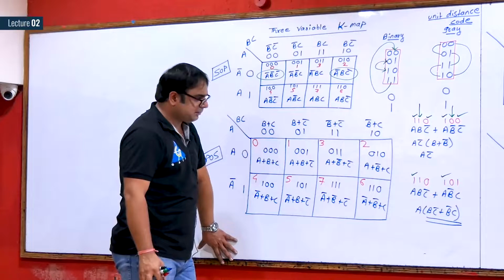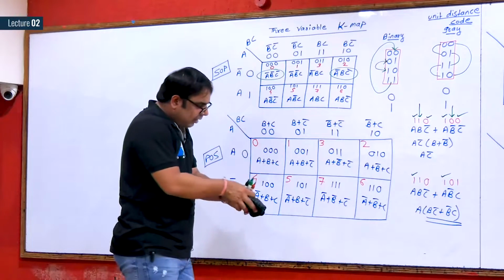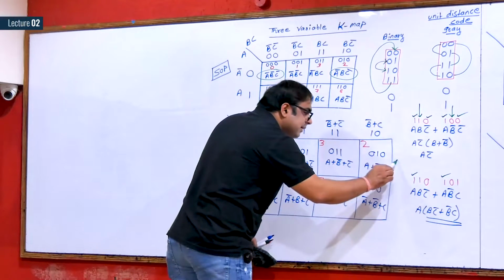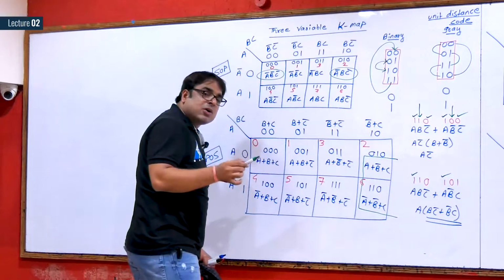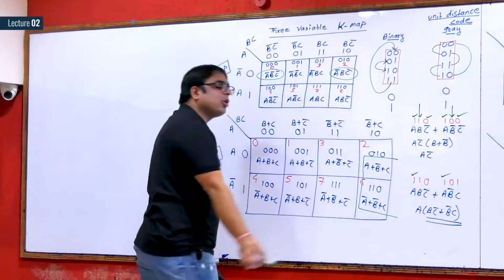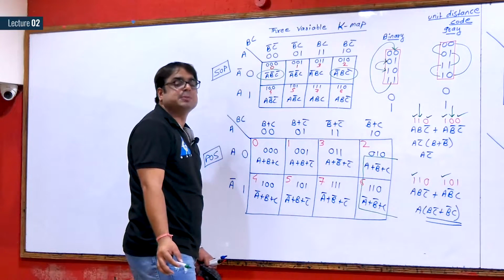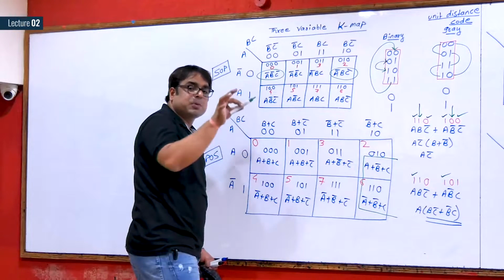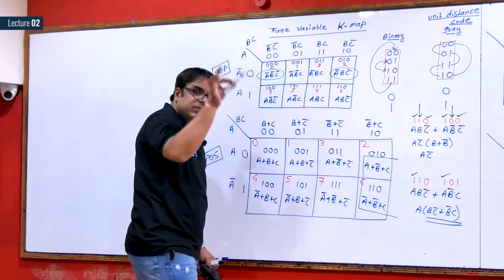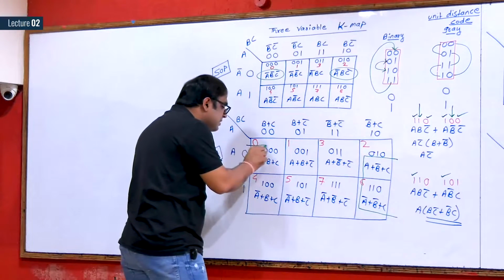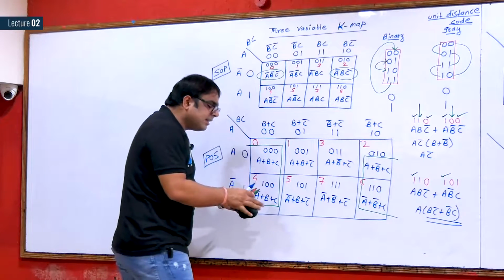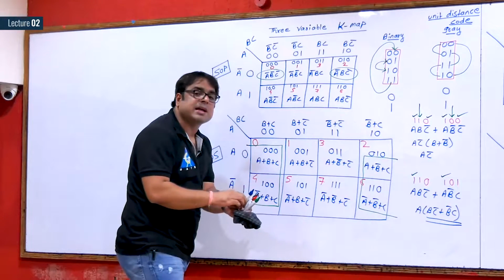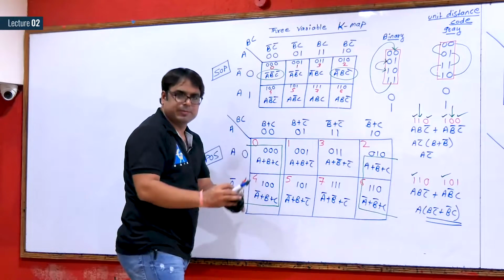Now, please see, what about grouping of 4 cells? There is this possibility of grouping 4 cells. Please see this one. Again, the easiest part is to compare with Boolean law.